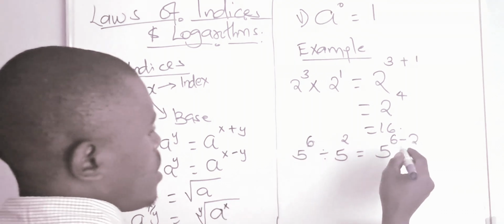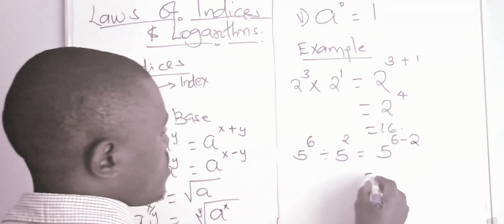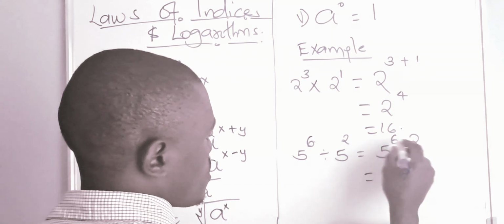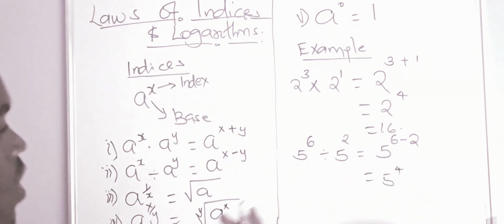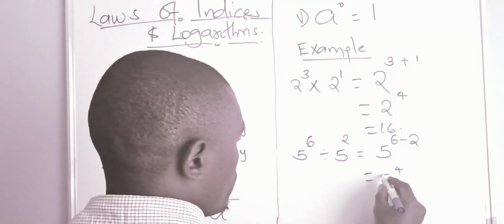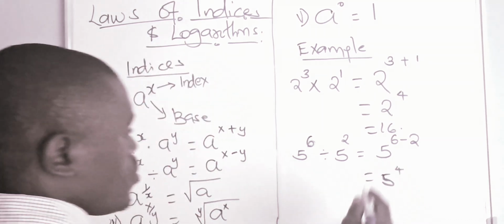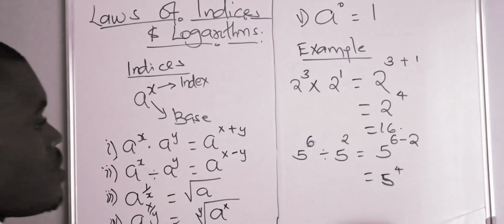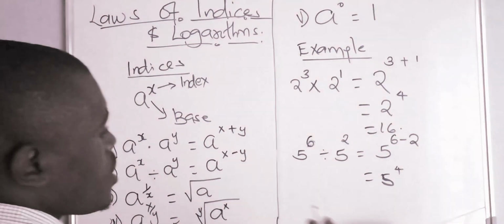Division goes hand in hand with subtraction, so it is 5 raised to 6 minus 2, which is 4. You can leave your answer there, or you multiply 5 times 5 times 5 times 5, 4 times, and you get your answer.